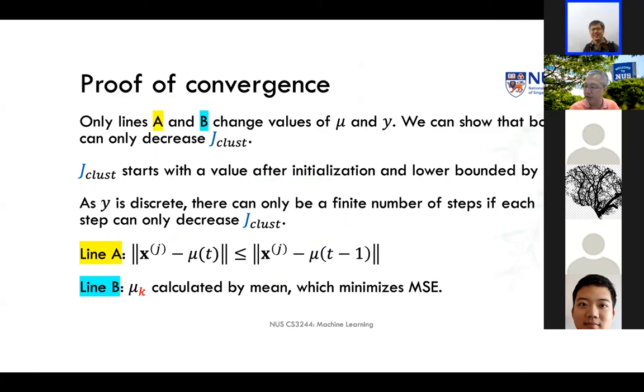So we can see this point here. Why would it be the case that when we use a new cluster membership, it's going to be better than the previous one? Why is this always true?